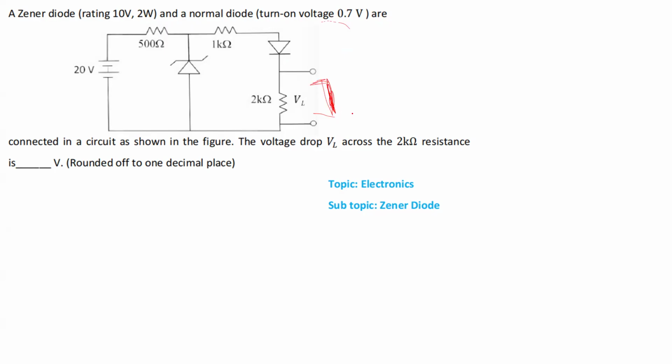One of the important specifications is the Zener voltage rating, which is given as 10 volt. Let's say this point is A and this point is B. If the voltage at the point A is greater than 10 volt, then only the Zener diode starts operating.